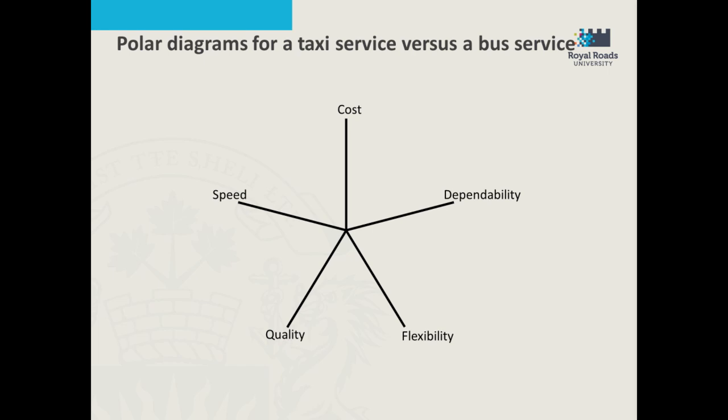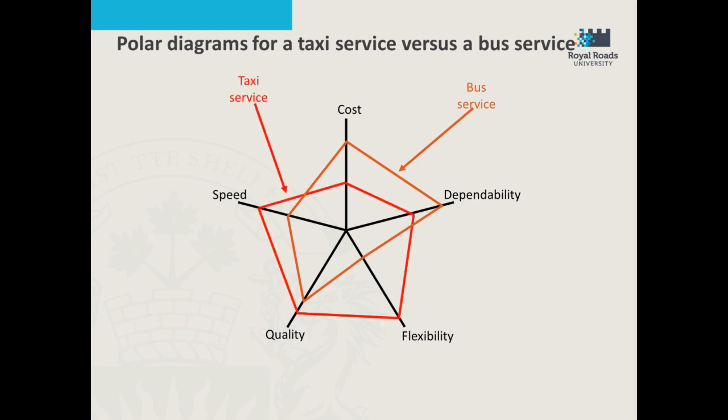Here's an example of how we use a polar diagram to compare performance between taxi and bus. For example, this is the performance objectives in a bus service. This is compared to a taxi service. It's only an example.